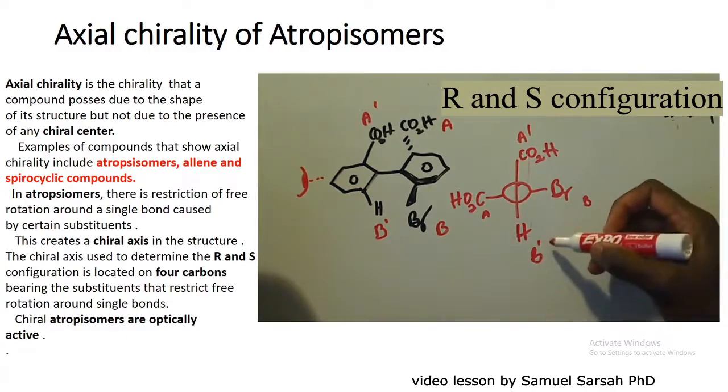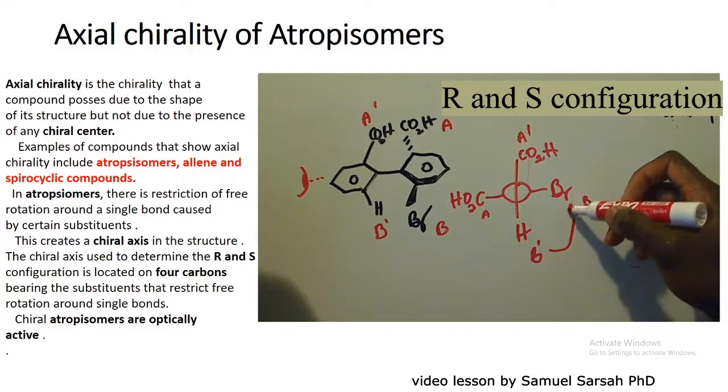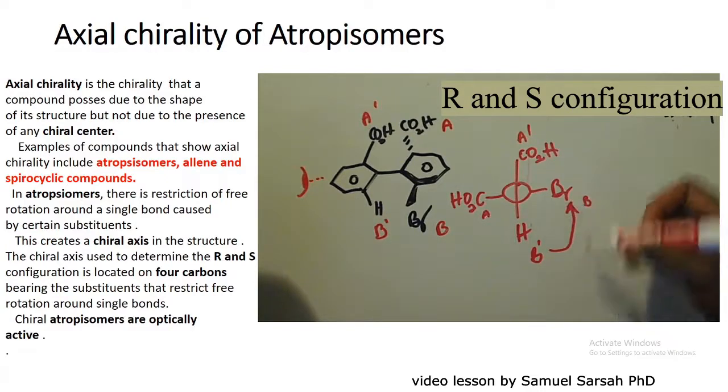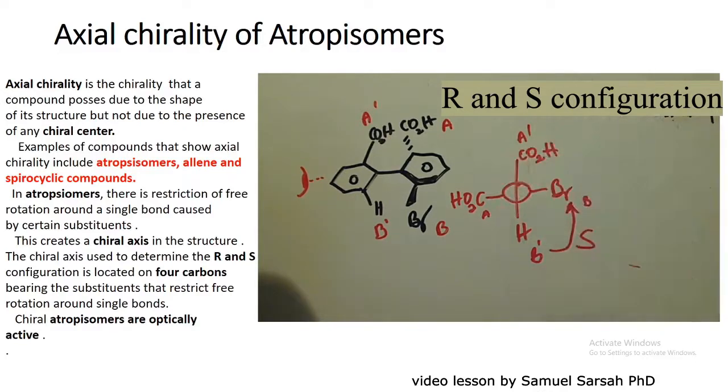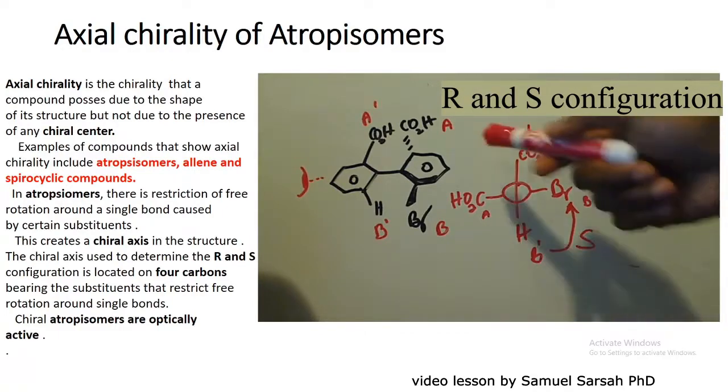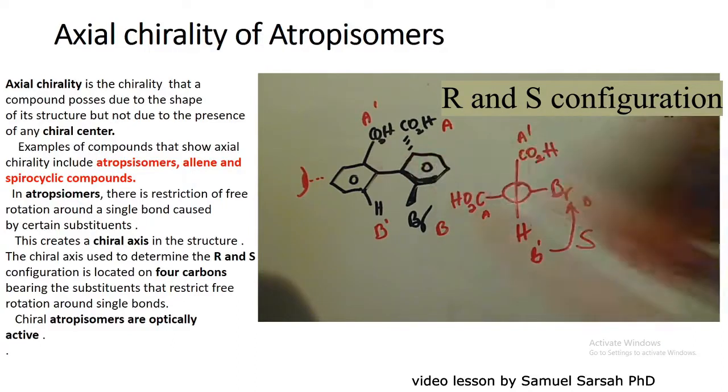So I have to go from here towards the side. And that is counterclockwise. So that's an S. And then can go this direction. So either way, if you stand here, you will still get an S.